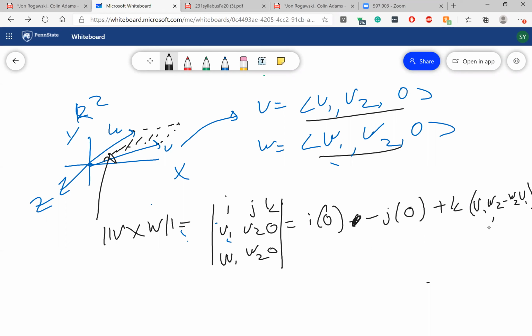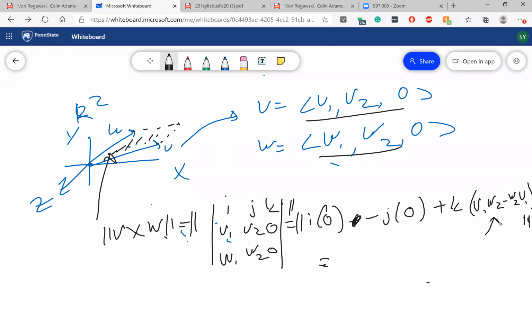Now, if you notice, this over here is the same, so this is equal. And if you take the magnitude of this, so first we're looking at the magnitude of this cross product. So here, that's the magnitude. And over here, we're also looking at the magnitude of this cross product. So I'm going to do that over there. Okay.